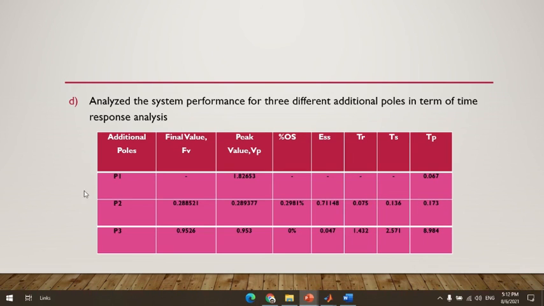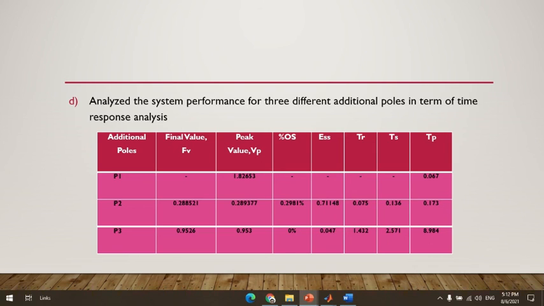And next, for the P2, we can get all the results like usual. Just follow the formula that has been given in the lab sheet.